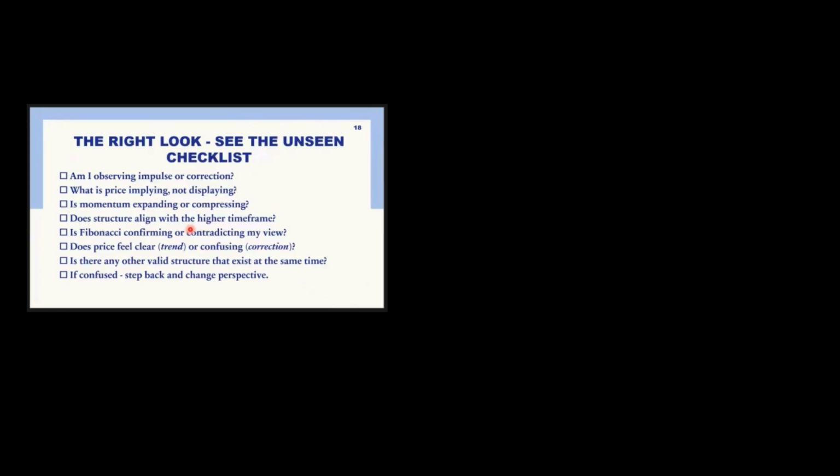Before you take a trade, in order to have the right look and see the unseen, make sure you at least observe: is the market in an impasse or a correction? You must understand what price is implying, not displaying. It means you see something that is not happening, something that is expected to happen. Very important. You see the unseen.